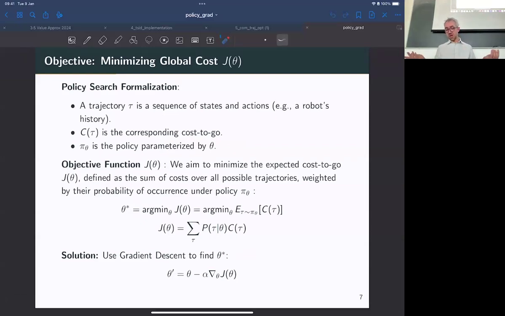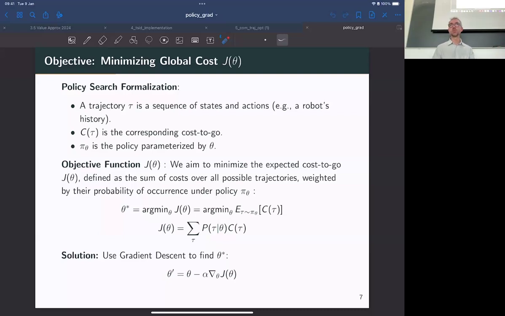A possible way to solve this problem, since it's a minimization problem, is to use gradient descent. So we could simply update the parameter theta by following the negative gradient of the cost. If we are able to compute the gradient of this object here, then we are good. We have a method to solve the problem. It's an iterative method.